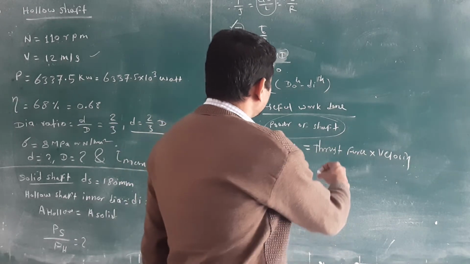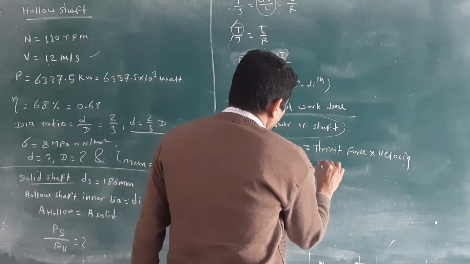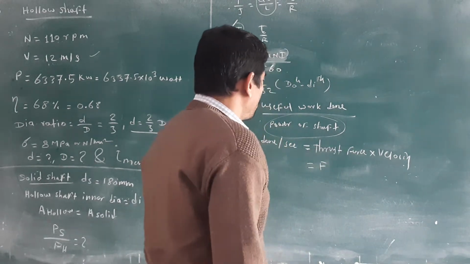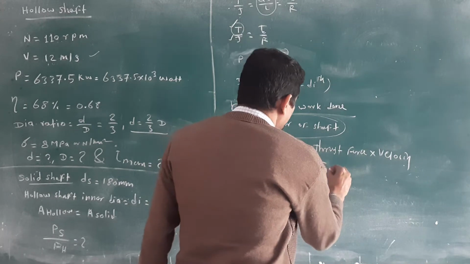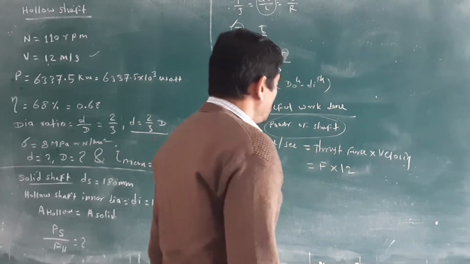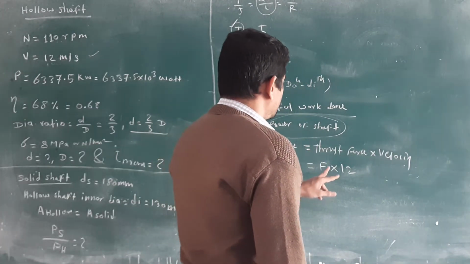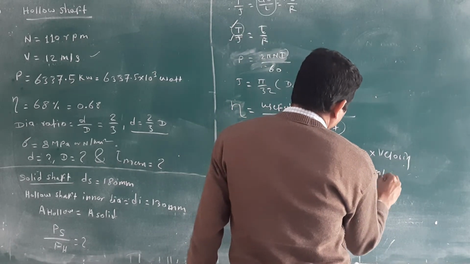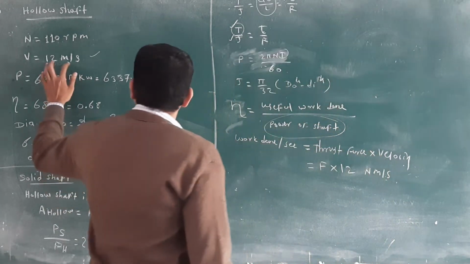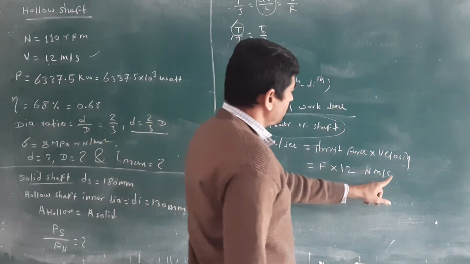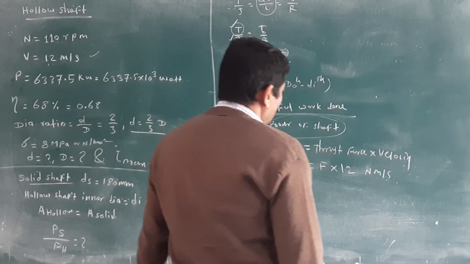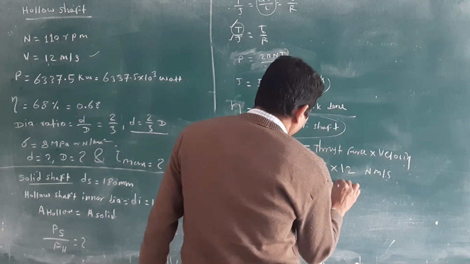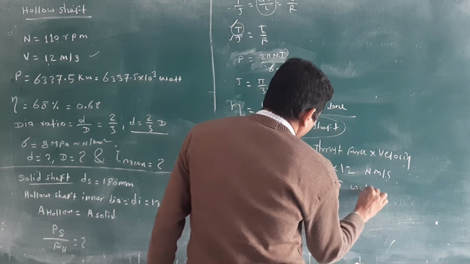Then check that thrust force. We don't know this force, F we don't know. Then what is the velocity? Velocity is given, 12. What is the unit of this force? This is in Newton. What is the unit of velocity? Meter per second. Newton meter per second is nothing but the watt. 12 watt.